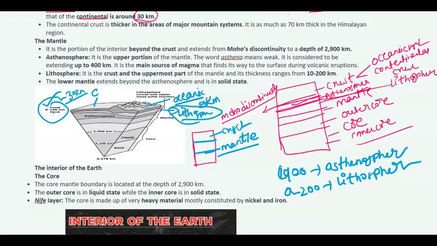The lower mantle starts from where the crust ends, and from this point till now we call it the asthenosphere. Okay, this asthenosphere is the upper portion of the mantle.